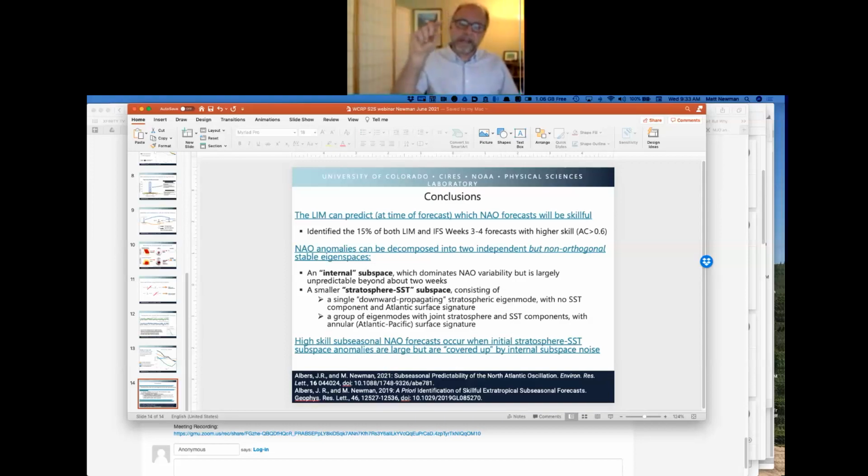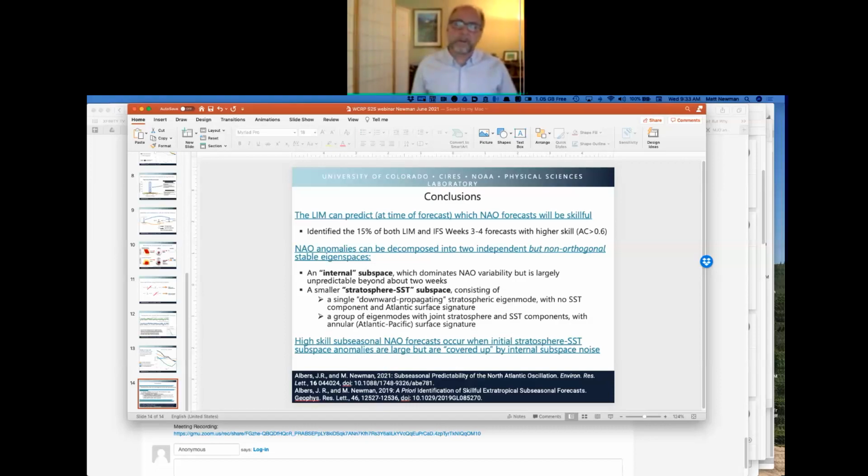So the fact that it's exactly comparable suggests that there's probably still some error in the model. In fact, if you just look at week 3 globally, there's a tendency for the IFS to be a little better than the LIM. The LIM is basically matching the IFS in a way which allows you to use it to diagnose why the IFS has higher or lower skill, and when.